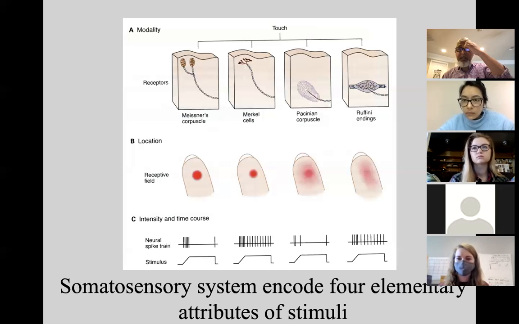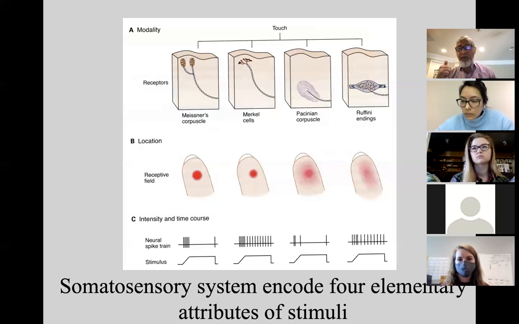Because the pressure applied by your frame on your nose initially produced a lot of signal, so you are always aware that something is sitting on your nose. But over a period of time, the stimulus is still there, but you don't feel it anymore because of the adaptation of the receptors.